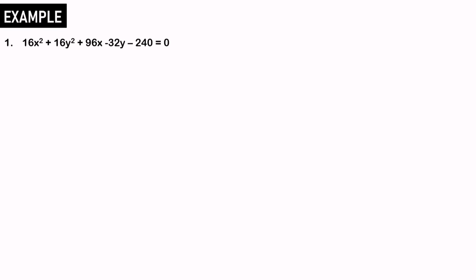We have 16x squared plus 16y squared plus 96x minus 32y minus 240 is equal to 0. Okay. Ang una nato buhaton kay i-separate nato ang constant term on the other side of the equation. Asa man ang constant term kani kanang walay tapad na variable.